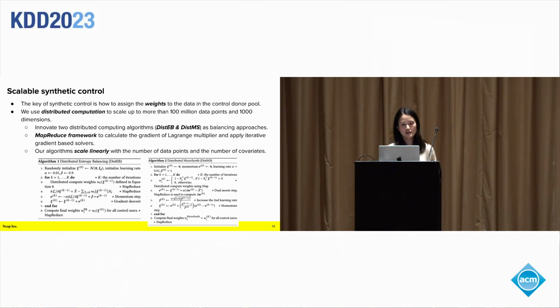We use them as our balancing approaches. Then we use the MapReduce framework to calculate the gradient of the Lagrange multiplier and apply iterative gradient-based solvers. Our algorithm is able to scale linearly with the number of data points and number of covariates, and we show that it can be scaled up to more than 100 million data points and 1,000 covariates in our experiment.